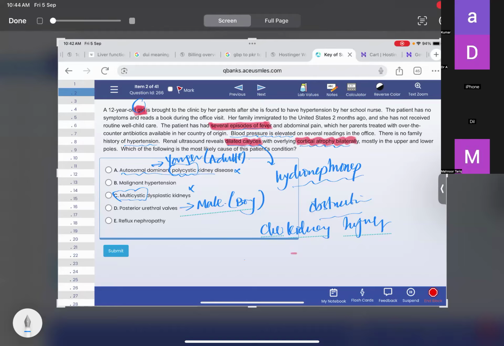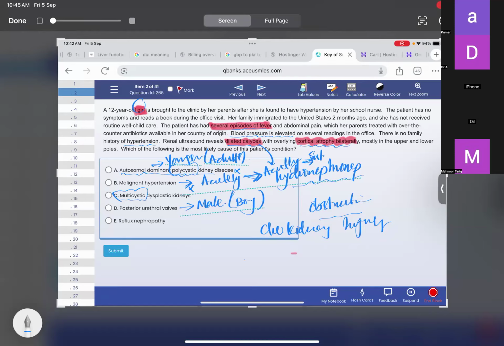What about malignant hypertension? Malignant hypertension will cause the problem acutely. It will affect organs, specifically the kidney, acutely, right? When we have a very big rise in blood pressure, the effects are sudden.